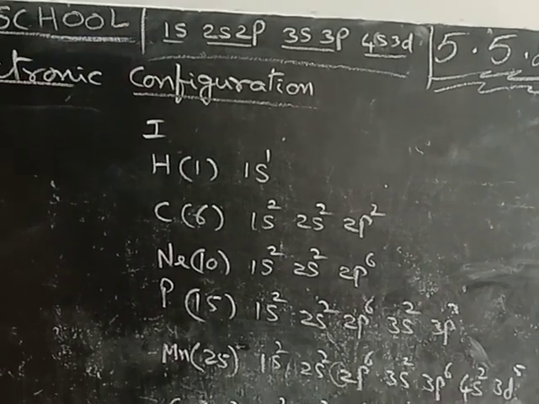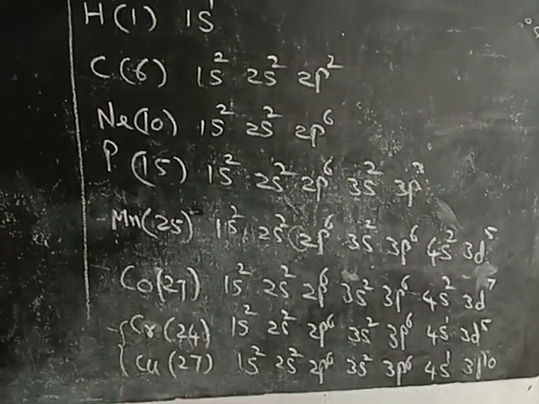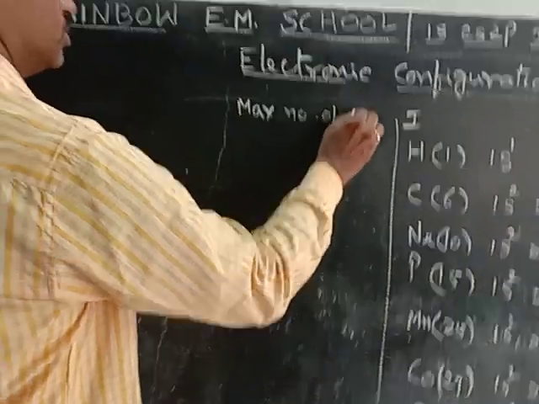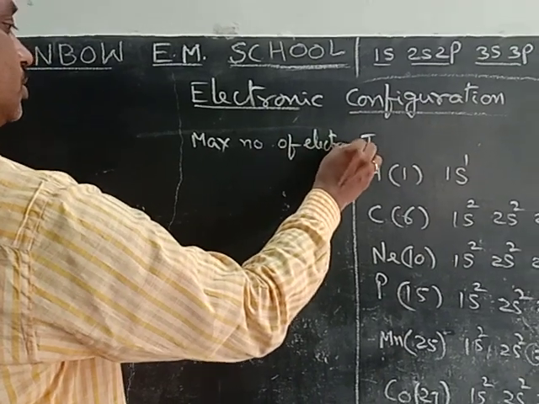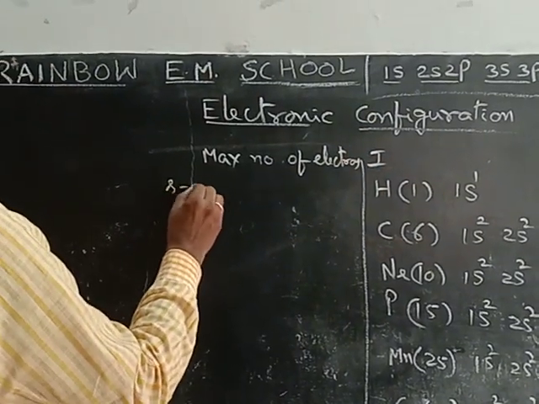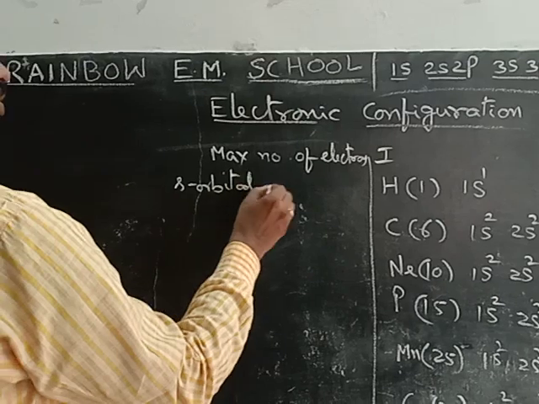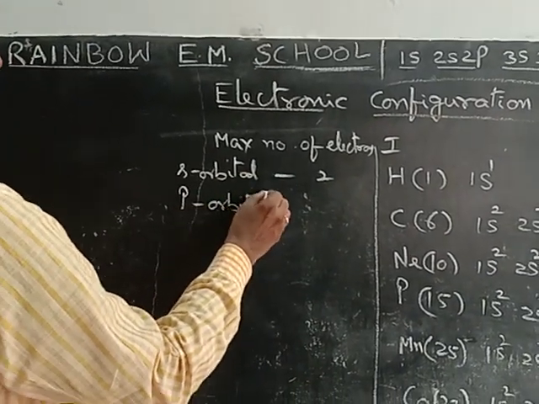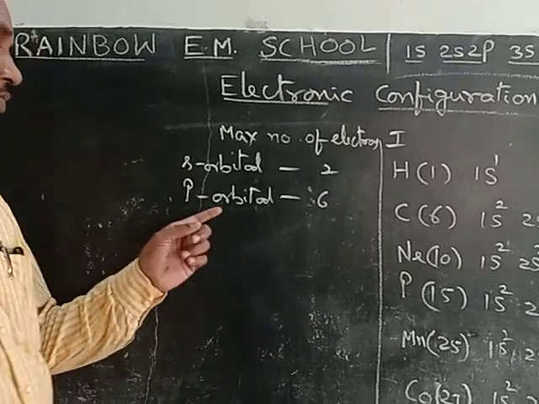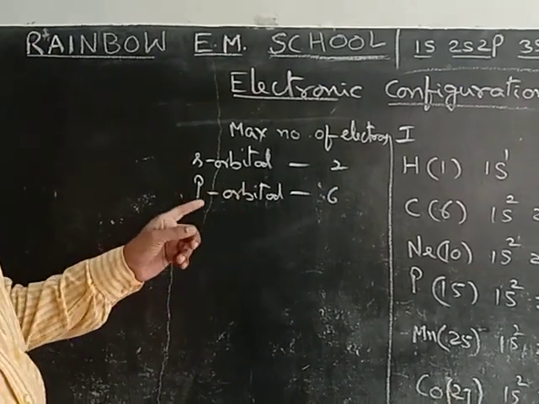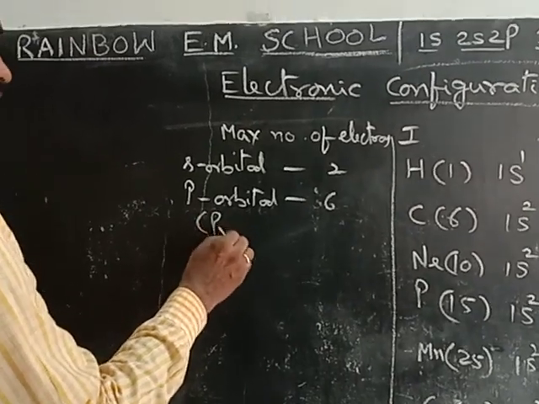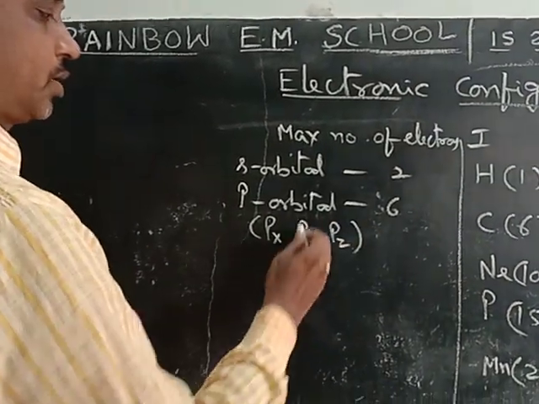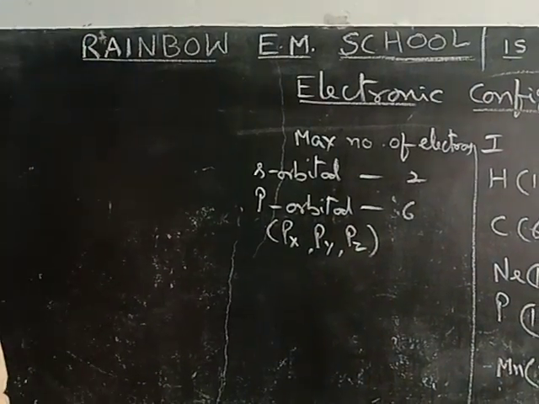S orbital, maximum number of electrons is only 2. P orbital, 6. Why does the p orbital consist of 6 electrons? P consists of 3 degenerate orbitals px, py, pz, each orbital 2 electrons, so 3 into 2, 6 electrons.